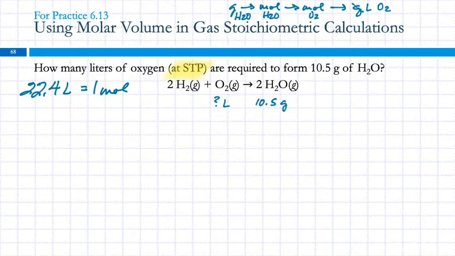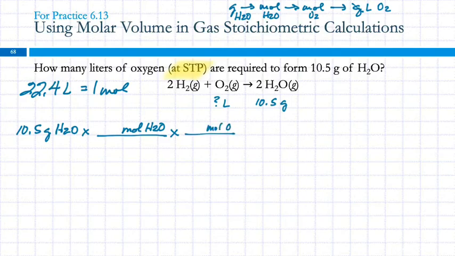Okay, so we have grams of water, 10.5 grams of H2O, and I'm going to go to moles of H2O, and then I'm going to go to moles of O2, and I'm going to go to liters of O2. If you can clearly see this path in your mind, you don't have to write it down.